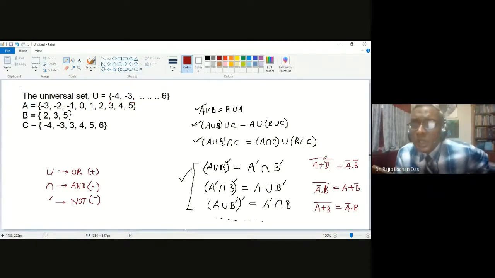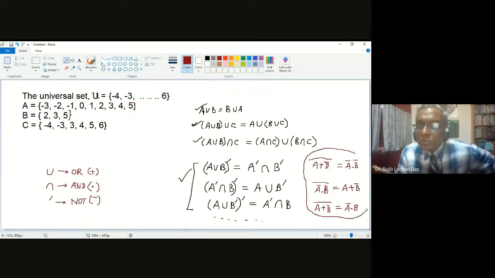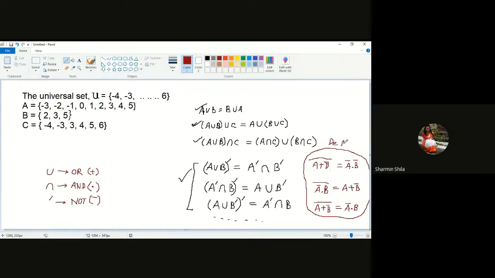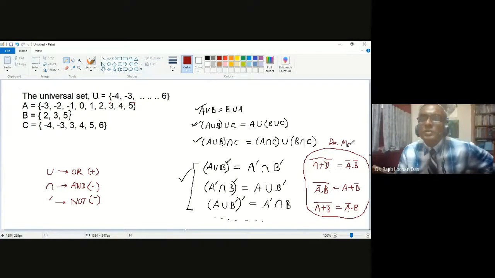So what is the name of this? What is the name of these rules? Who knows the name of this? This is called De Morgan's law. Yes, this is from a person's name, De Morgan.